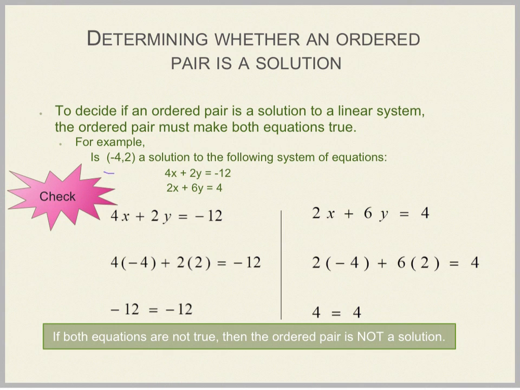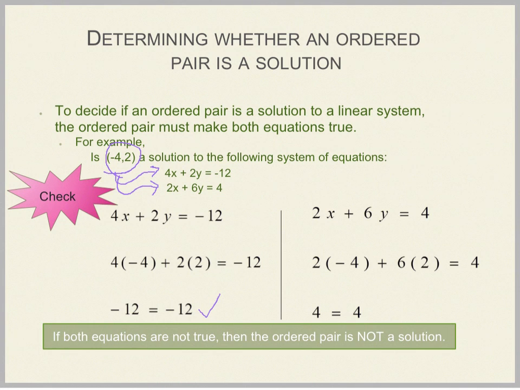If we are given an ordered pair, we can determine whether it is a solution of the system of linear equations by plugging that ordered pair into both of the equations. I have done just that, and you can see that in the first equation we end up with a true statement, negative 12 equals negative 12.